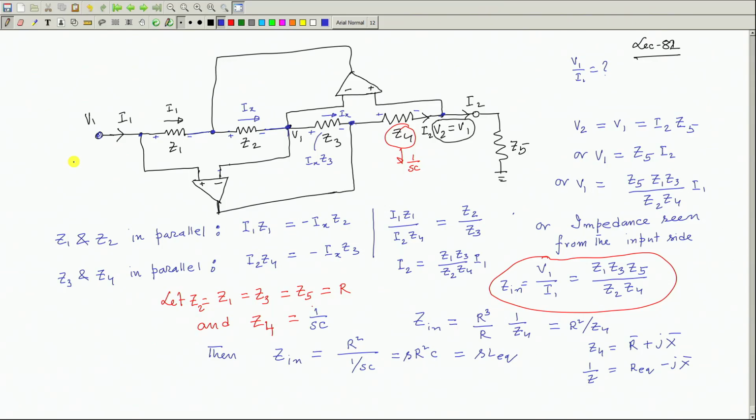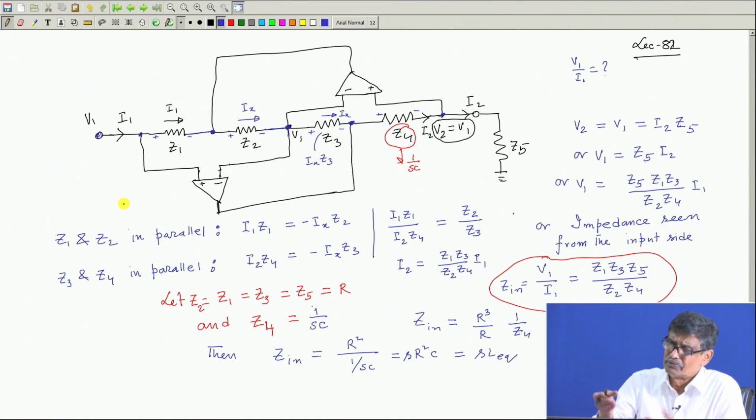A capacitor can be made tiny compared to an inductor, and it can be accommodated in your circuits. Mind you, these are not power circuits, not 220 volt or 230 volt circuits. These are control level voltage circuits, where if you want a different impedance seen from this side, you can make it. There are various versions of this, it may be a floating inductor and so on, I will not go into those things, but only as an application of an ideal op amp circuit.